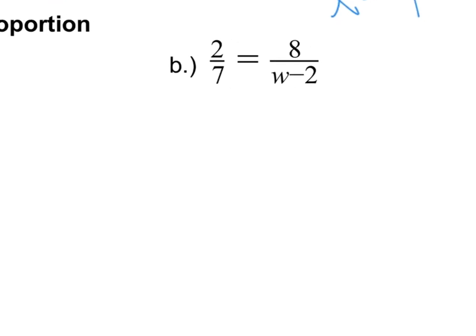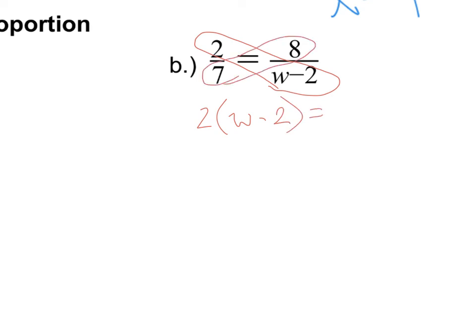B is very similar, okay. Again, I'm going to start with the letters, so 2 times w minus 2 equals 7 times 8, which is 56. Distribute. 2 times w, 2w. 2 times negative 2 is a negative 4.